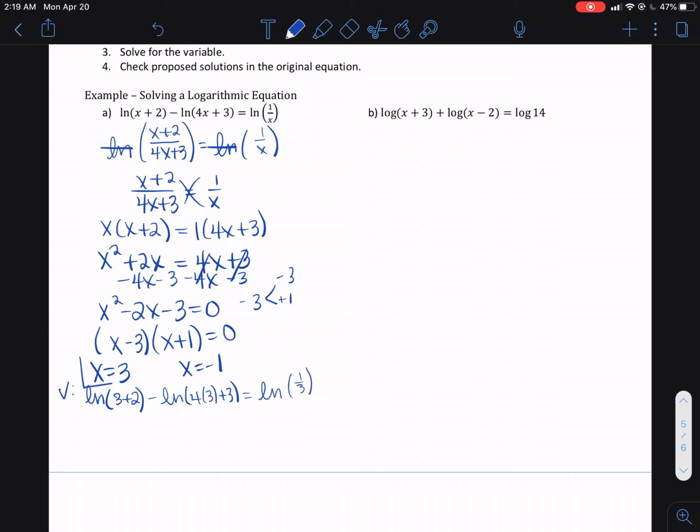So that works. x equals 3 is possible. And then if we check negative 1, so the natural log of negative 1 plus 2, well, that equals 1, so that's fine, minus the natural log of 4 times negative 1 plus 3, which would be negative 4 plus 3, which is negative 1, which does not exist.